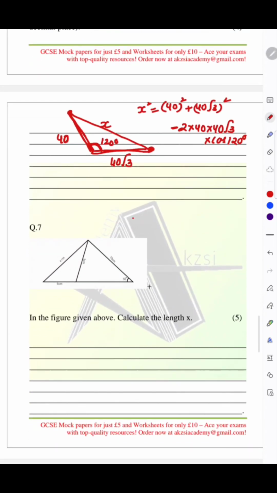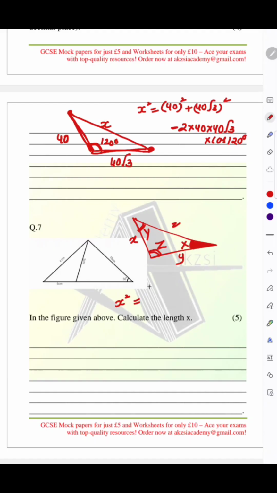Cosine rule says, this is a triangle. Cosine and sine rules are applicable when your triangle is not a right triangle. These are 3 sides x, y, z, and the opposite angle of x is capital X, of y is capital Y, and of z is capital Z. If you have the combination of sides and one angle, always start with, suppose this x is given to us, the side which is opposite to it, small x.